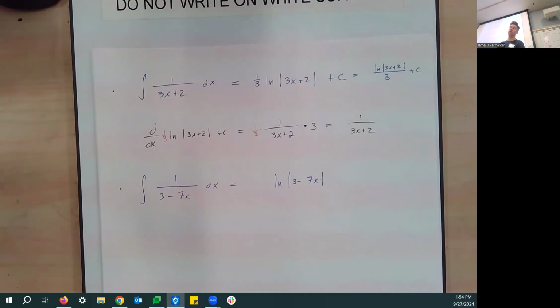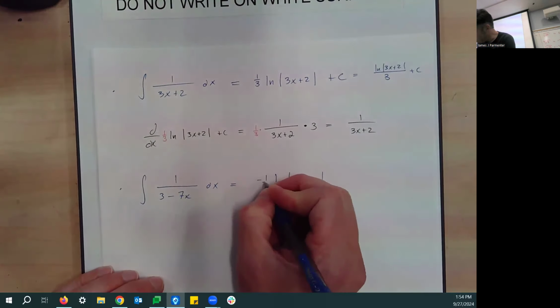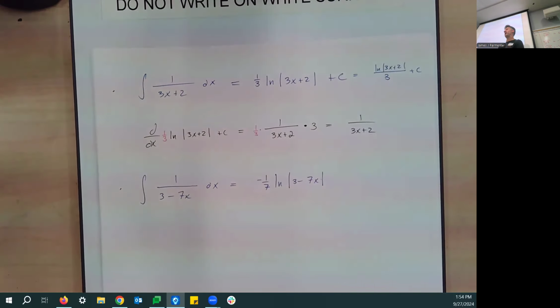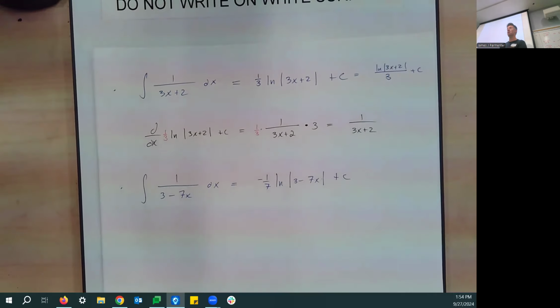Almost. -7. I like -1/7 out in front. But yes, you can either divide by -7, or multiply by -1/7. Plus c. The check always is that if you know your differentiation rules well, it's kind of the key to success in this part of the class, you can take the derivative of this and see that it ends up actually equaling that perfectly.